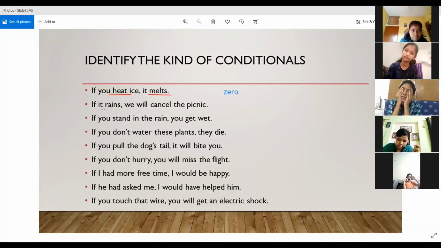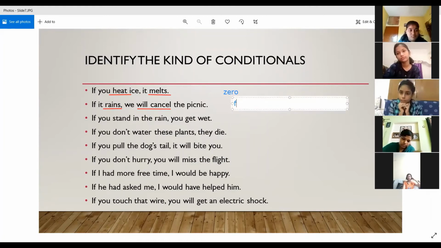Basically, we can say that simple present tense has been used in the if clause and simple future will has been used in the main clause. And this is the quality of first conditional sentences. And over here we can see that we are not talking about any general truth or something, right? We are just stating a condition that if it rains, then this is what is going to happen. We will cancel the picnic. So over here we will say that it is a first conditional sentence.